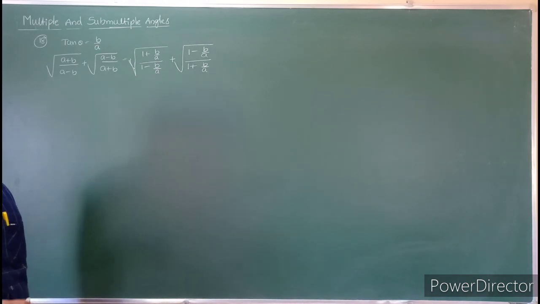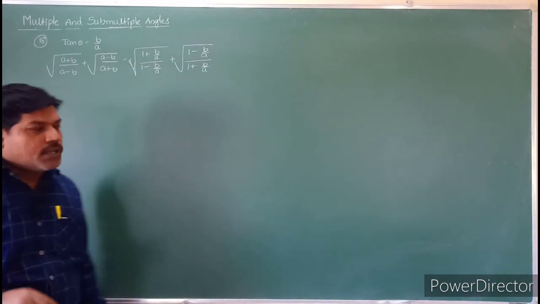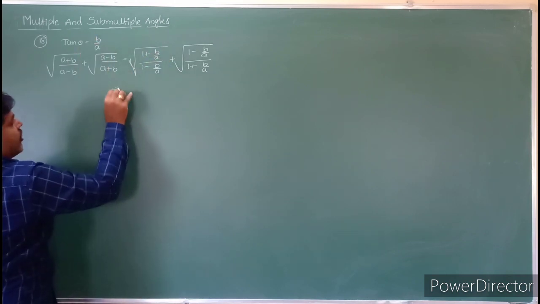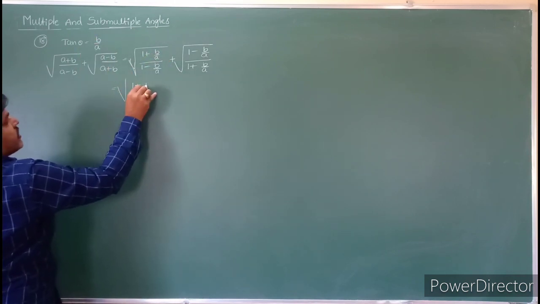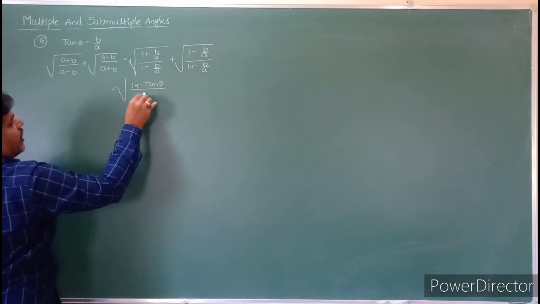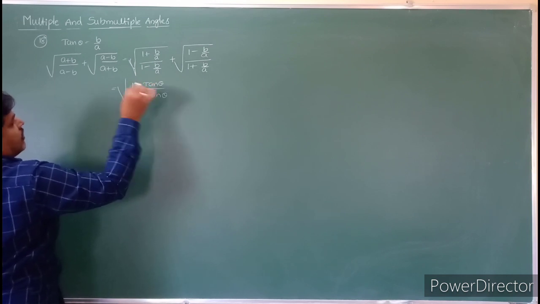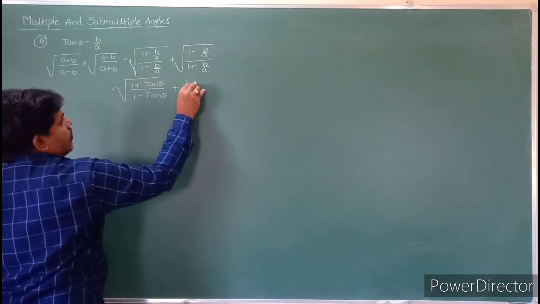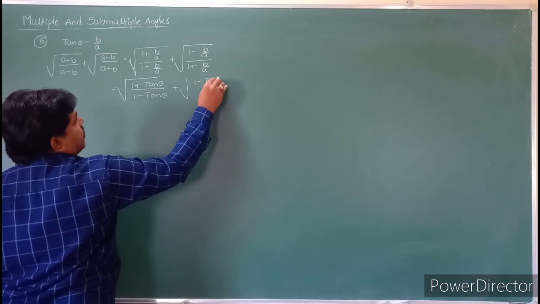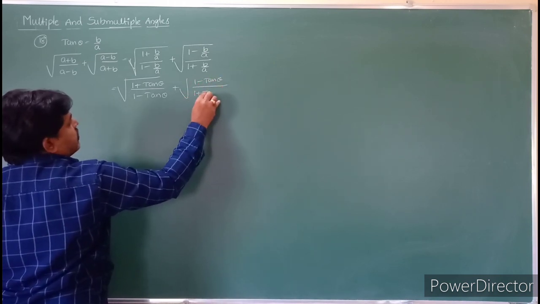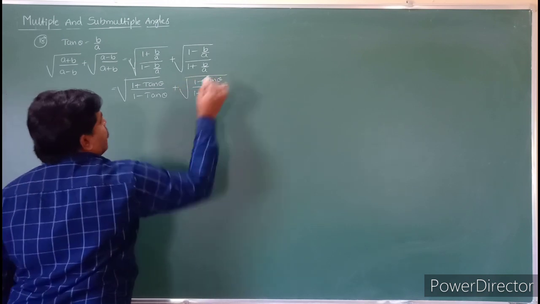In the place of b by a, we can replace tan theta. It will become root of 1 plus tan theta by 1 minus tan theta, plus square root of 1 minus tan theta by 1 plus tan theta.